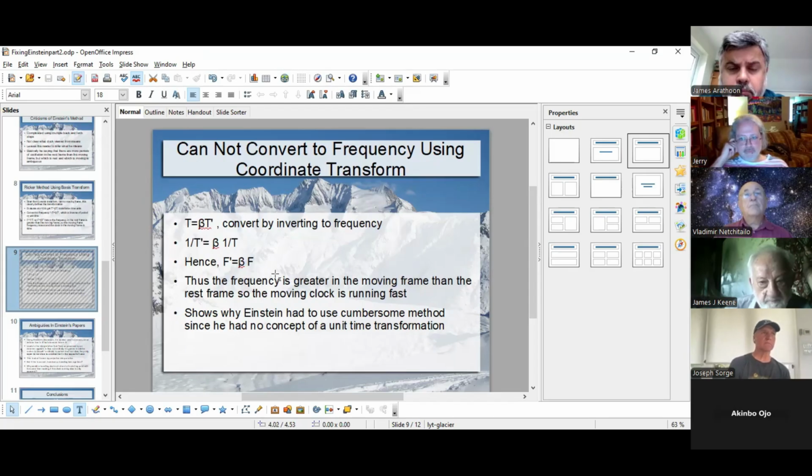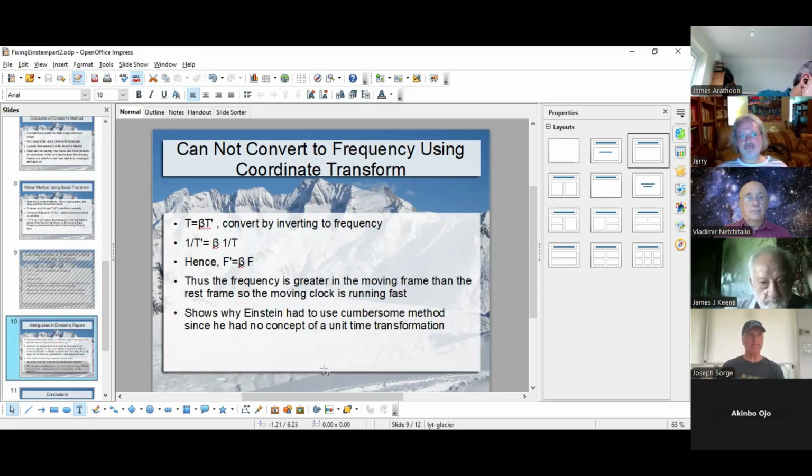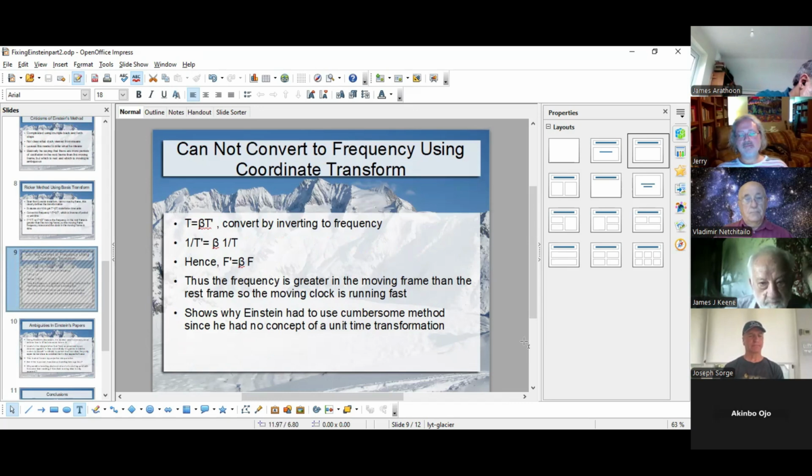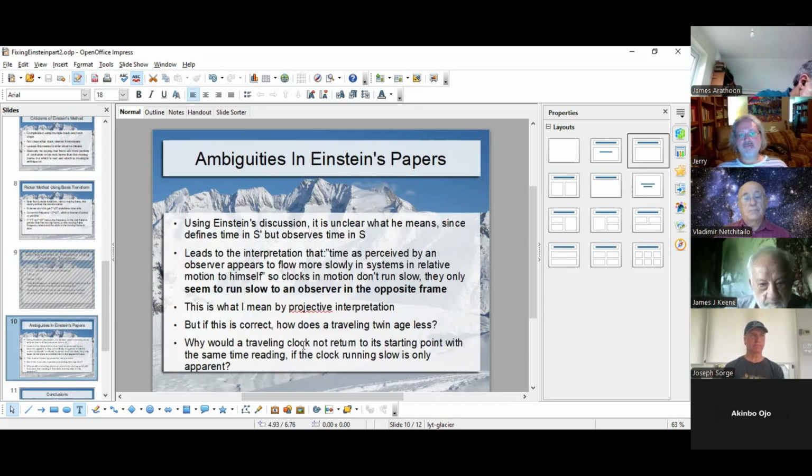And this is really a source of a lot of the problem when you talk about Einstein's theory and Solari's theory. We're going to run into a similar problem. Paradoxes come out of this, because by not paying attention to the difference between a coordinate transform and a basis transform, Einstein mixes them up.